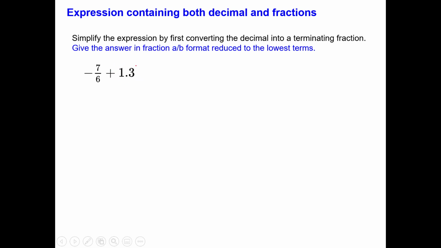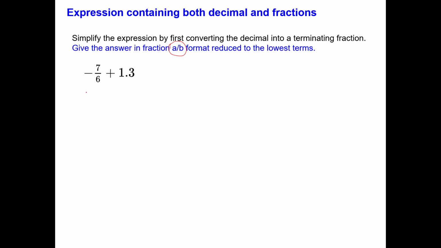Then give the answer in fraction A over B format and reduce to the lowest term if it's possible. Let's follow the directions, this is the way we had to solve the problem, and we need to give the answer in this form.